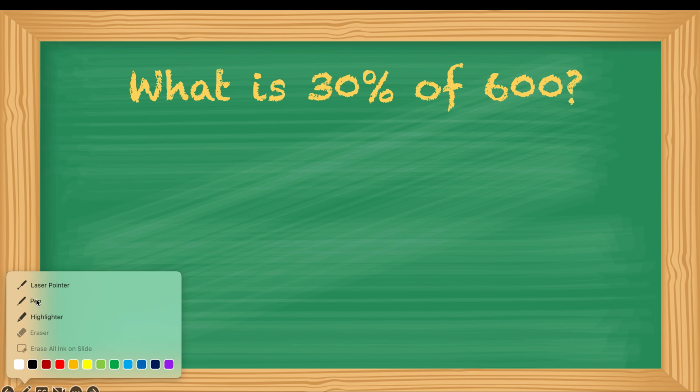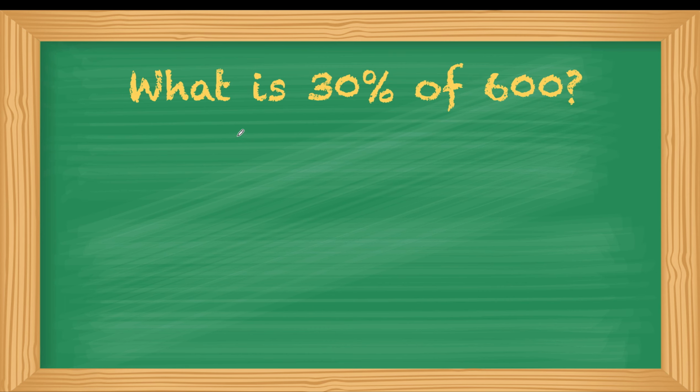Now we can solve this by putting 30 over 100 and we are going to multiply this by 600. Now we're going to solve this first by simplifying or cross multiplying, and we're going to put 600 over 1, so we're going to put it in a fraction form.